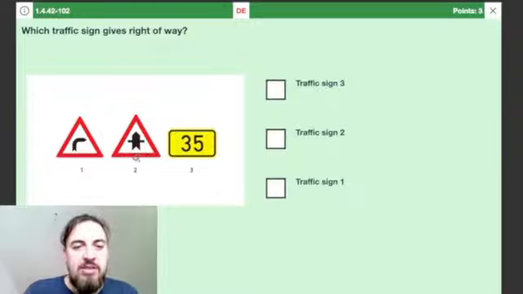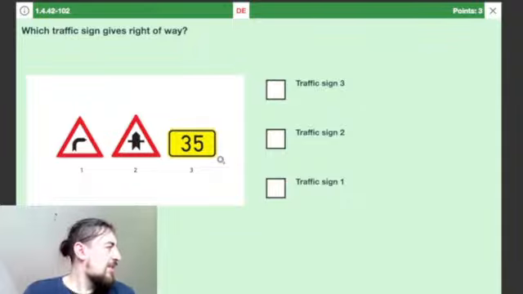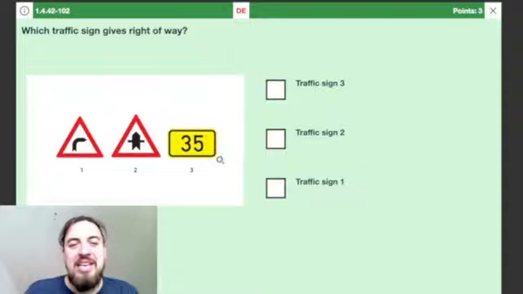This traffic sign tells us that we have the right of way at the next junction. And this 35 means that there is a Bundesstraße, something like an interstate, with the number 35. So it has nothing to do with right of way. So the only correct answer is traffic sign 2.